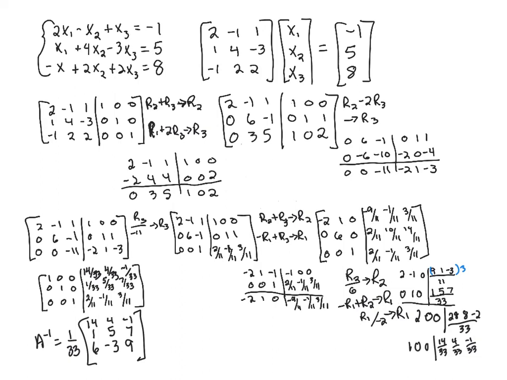Now we take that inverse. We want to solve for the x matrix, right? That'll be x1, x2, x3. And the way we do that is we take our inverse with the fraction conveniently pulled out, and we multiply by that b, the parameters on the right-hand side of the equal sign.